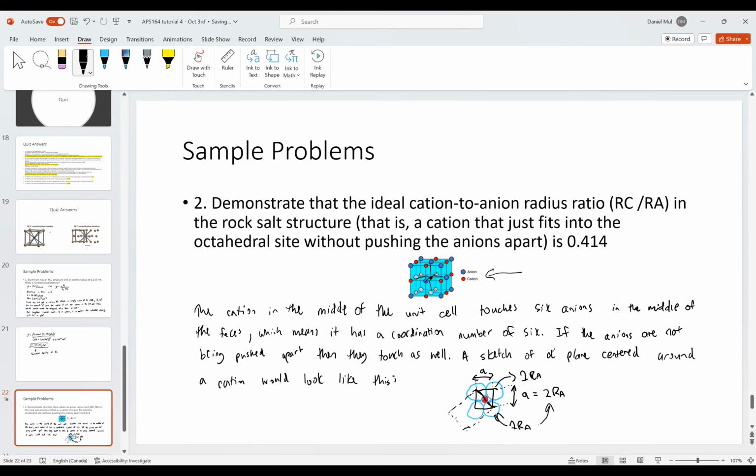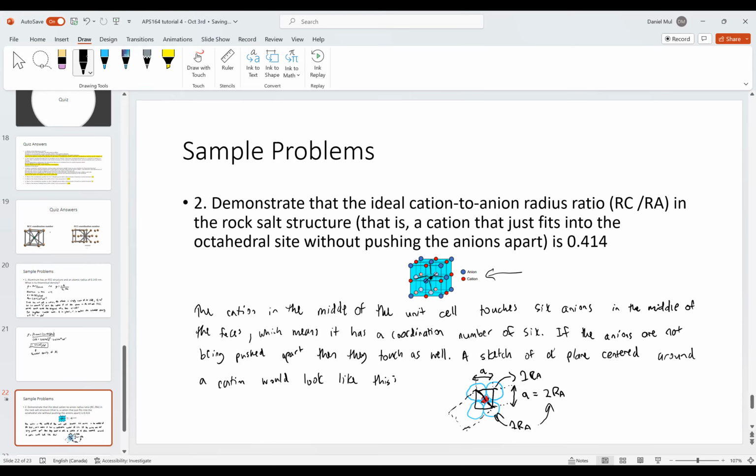When you think about atomic packing factors, say 74%, that's the space within a unit cell taken up by atoms, so the atoms would literally be very close to each other.